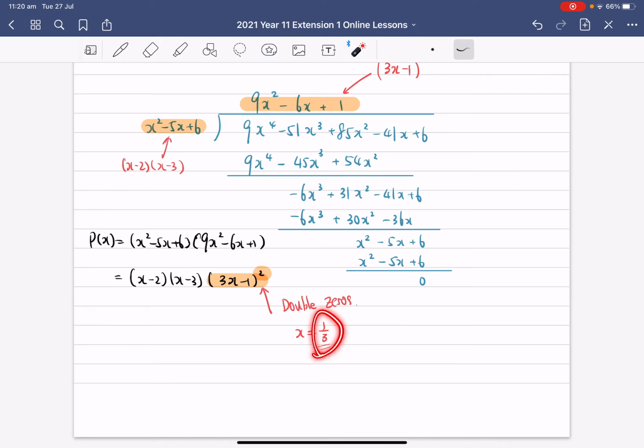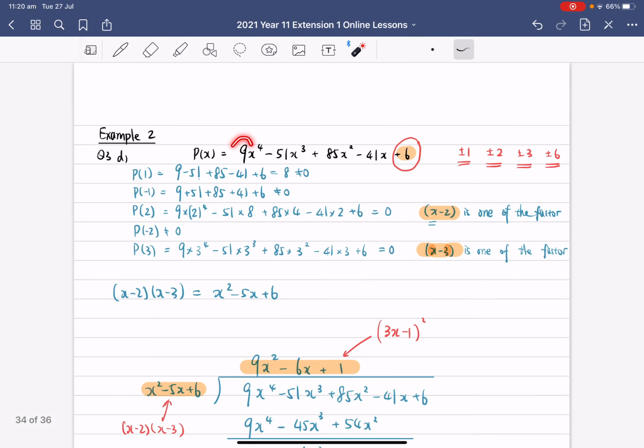So where does the 1/3 come from, and why does it go to 1/3? The reason is that 9 in the front. Checking plus minus 1, 2, 3, 6 from the last constant number works when the leading coefficient is equal to 1. However, this time the leading coefficient is not equal to 1. It's actually equal to 9.